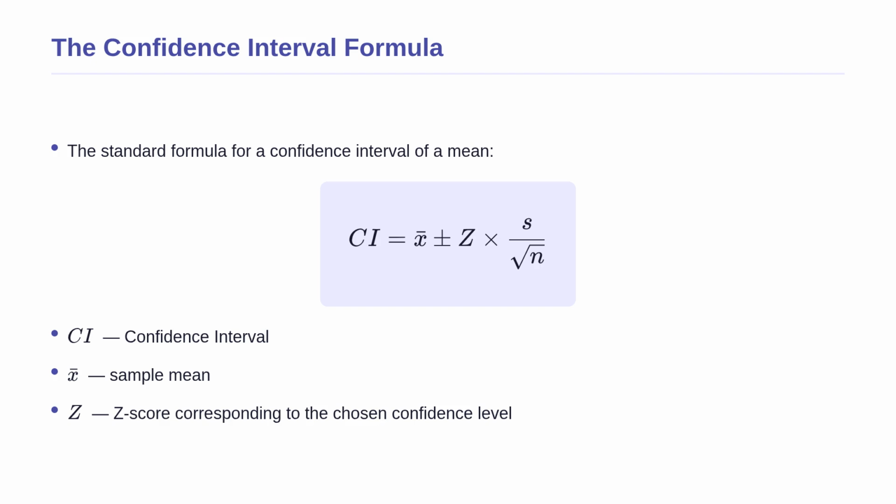The symbol X bar represents the sample mean, which is the average value we actually measured. The symbol Z is the Z-score, a number from a statistical table that corresponds to our chosen confidence level, like 1.96 for 95% confidence. If we want a higher confidence level, this Z value increases, making our interval wider.